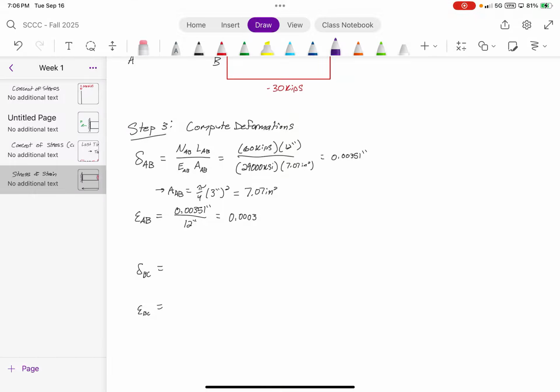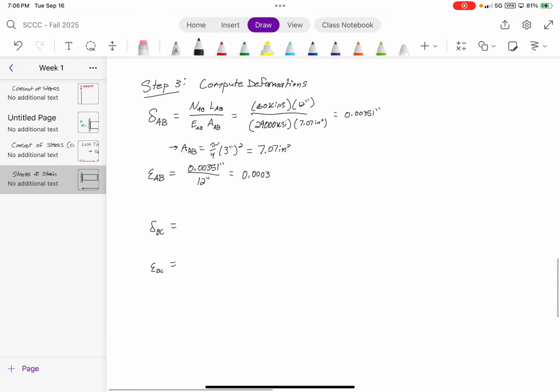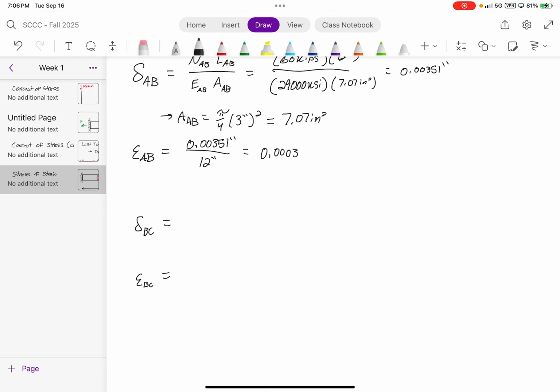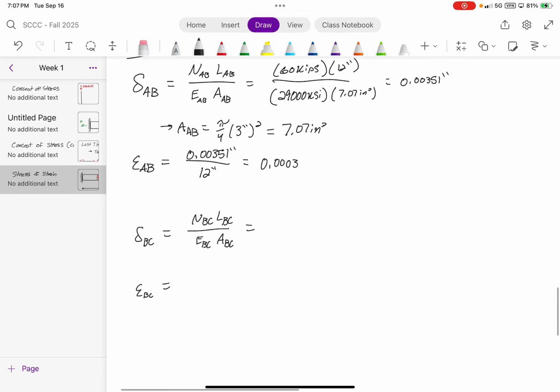All right, delta BC. The equation would be N_BC times L_BC over E_BC times A_BC. The force in member BC, negative 30 kips. The length, 12 inches.